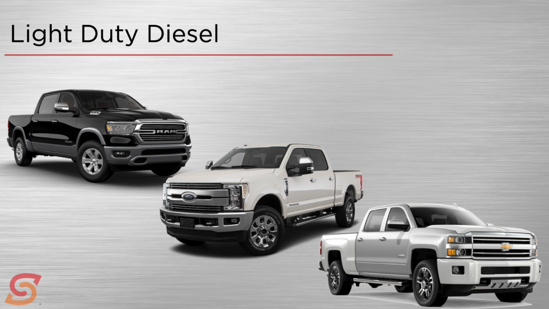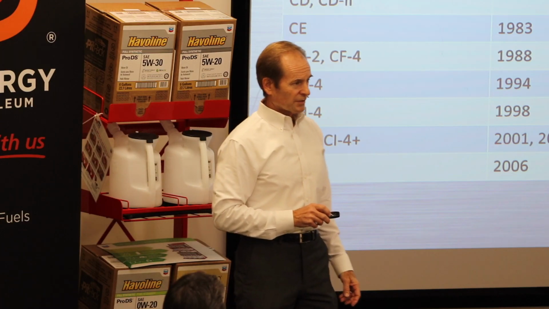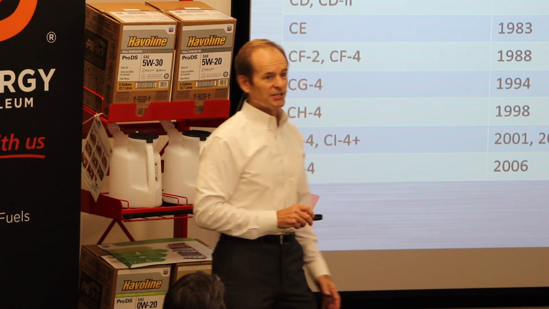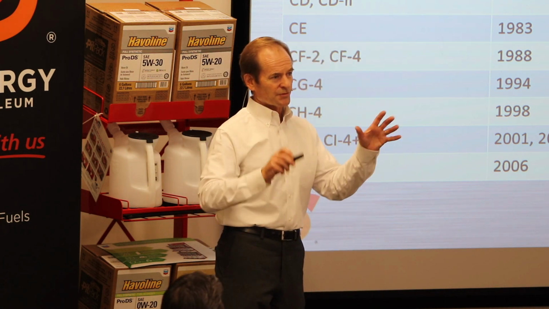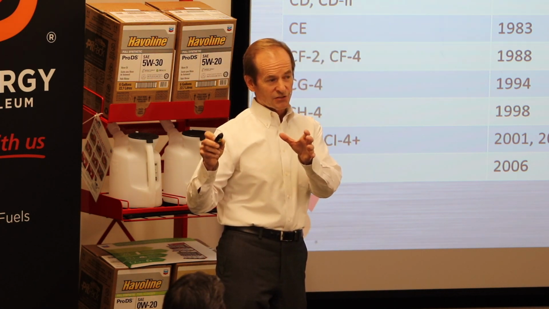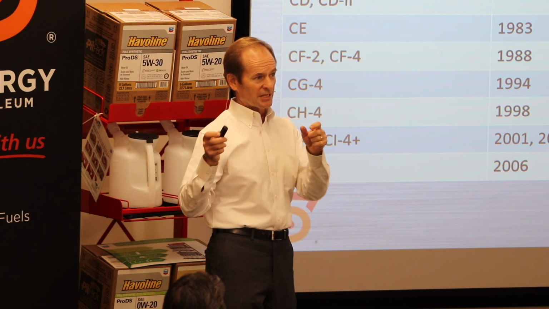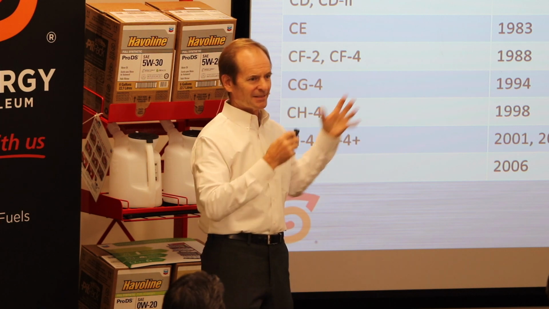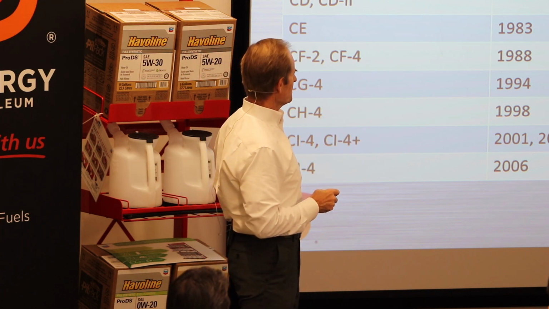The API, much like with car engine oils, also does truck engine oils. Okay? Now, in this case, they work a lot closer with the truck OEMs. So the truck OEMs haven't gotten into the same kind of fight that the passenger car OEMs have with the API. Right? They're working a lot closer together.